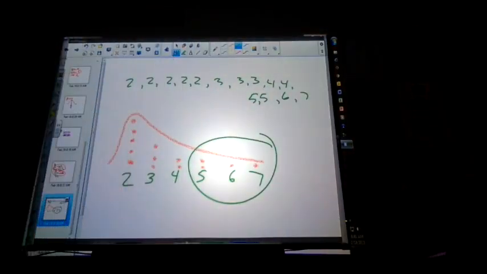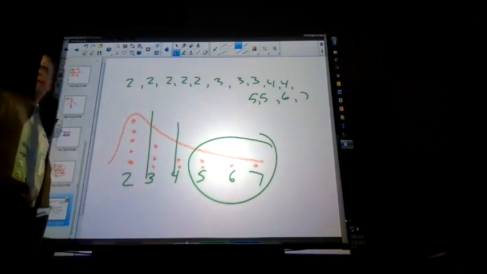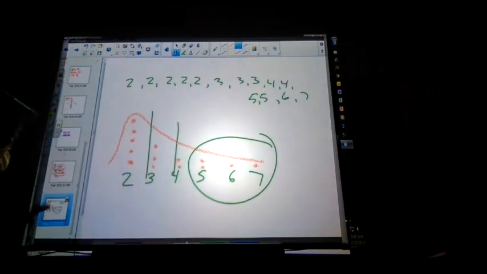So, does the mean rest to the right of the median or not? Does the mean lie to the right of the median or not? Yeah. So, you'd have your median, your mean.